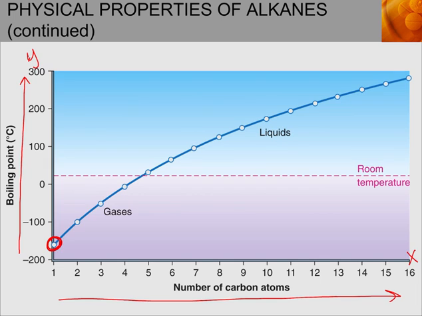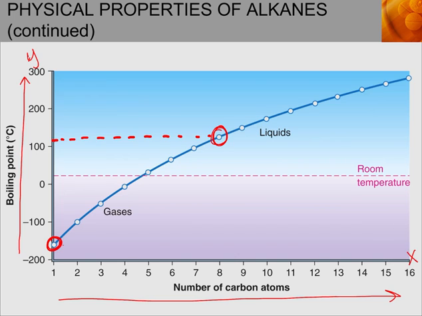However, when we start to get up to, for instance, let's say 8 carbons, now the boiling point is much higher. It's around the boiling point of water because, again, it's going to take more energy or more heat to break apart the intermolecular forces between these really long chains of carbon atoms.